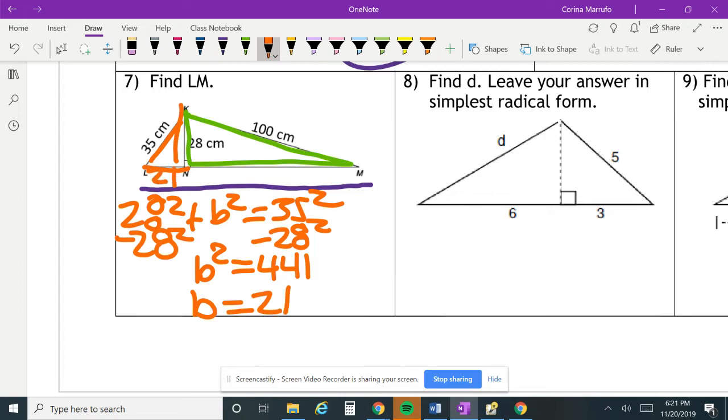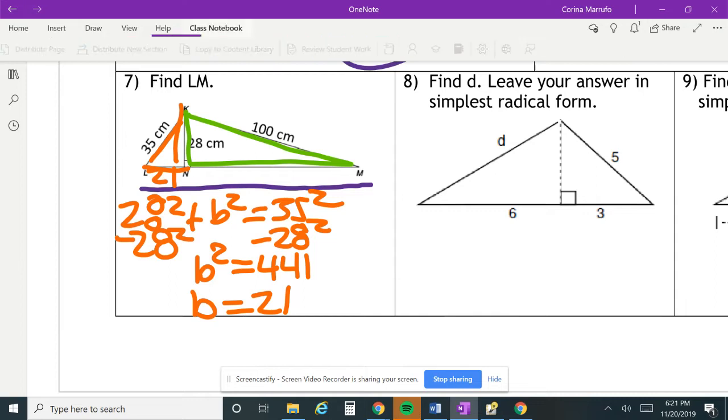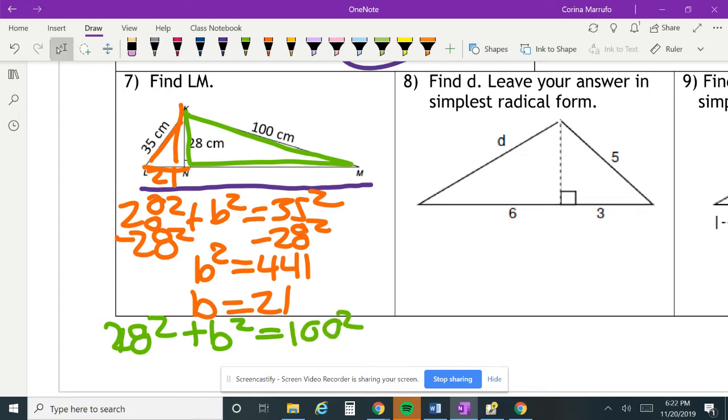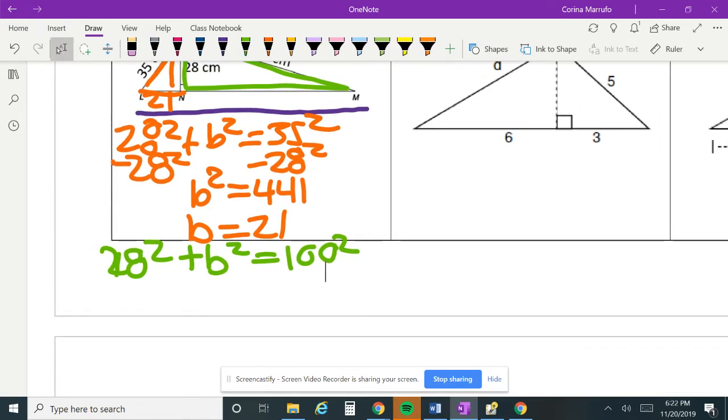Now we're going to find the other side. So on the other side, we have 28 squared plus b squared equals 100 squared. And so 28 squared, 28 times 28, that gives us 784. Oh, I should have done that like the other one.